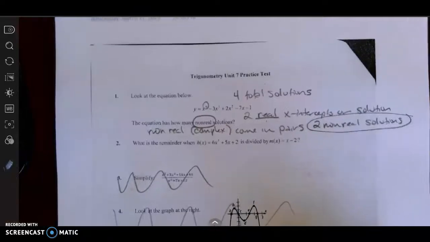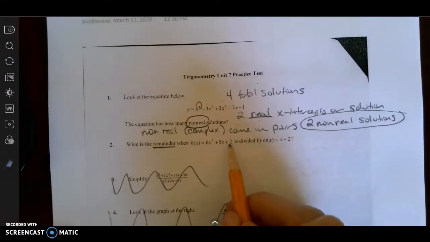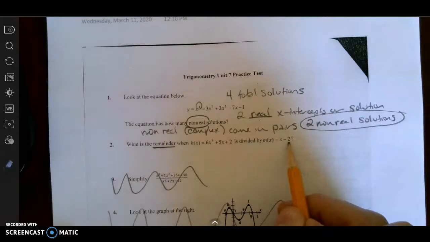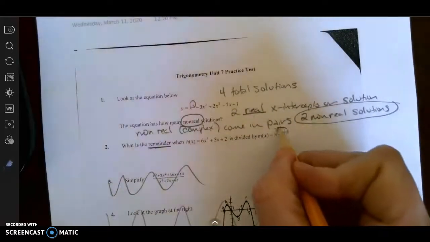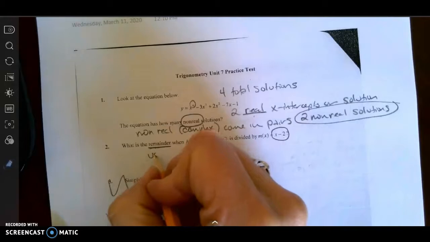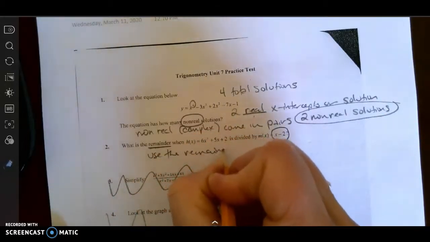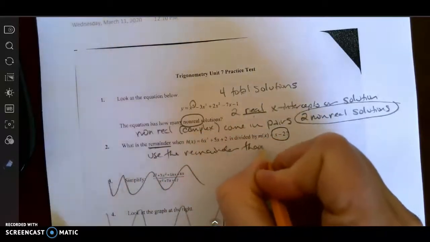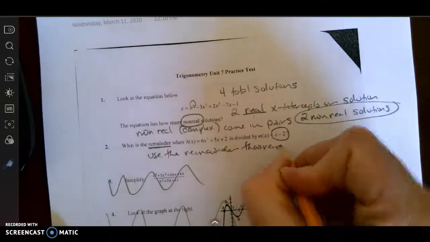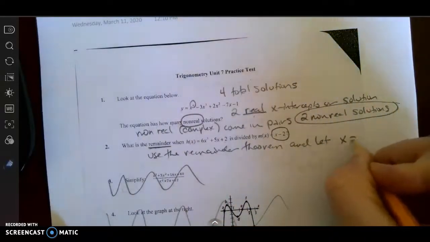Next question. What is the remainder when this polynomial is divided by x minus 2? Because I'm dividing by x minus 2, I can use the remainder theorem. And let x equal 2.